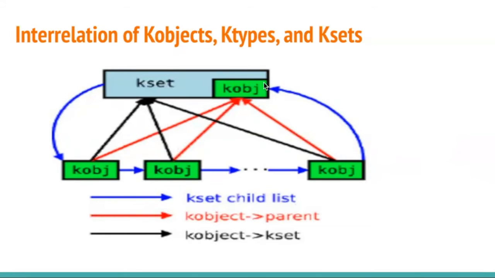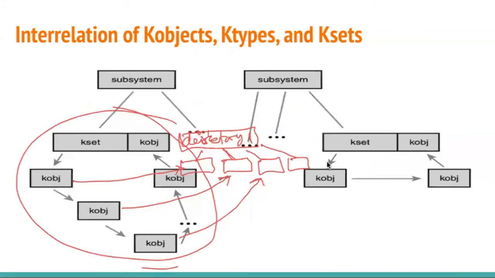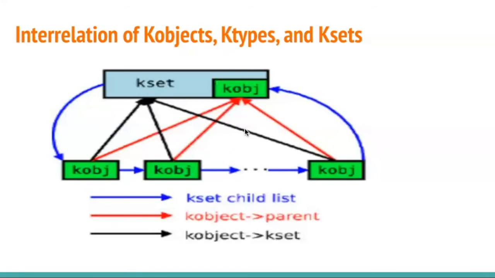So this base k object is kind of a parent to the other k objects, and that's why in the previous slide I showed you that there is a parent child relationship between the directories in the sysfs file system. So it actually represents the relationship between all these three structures.